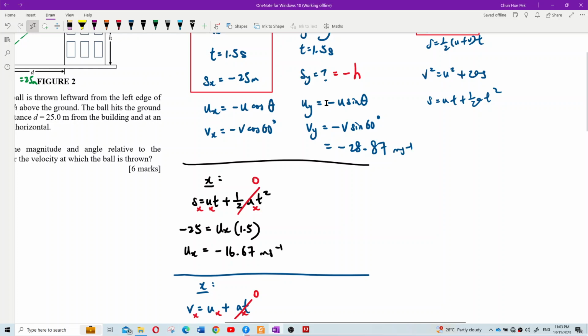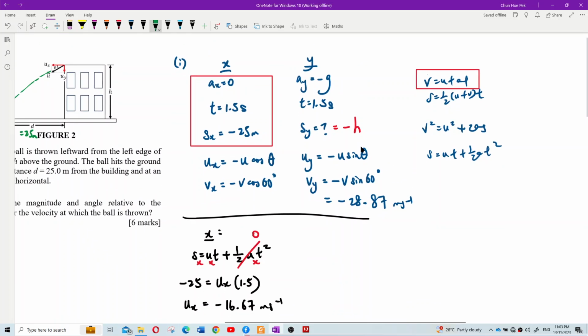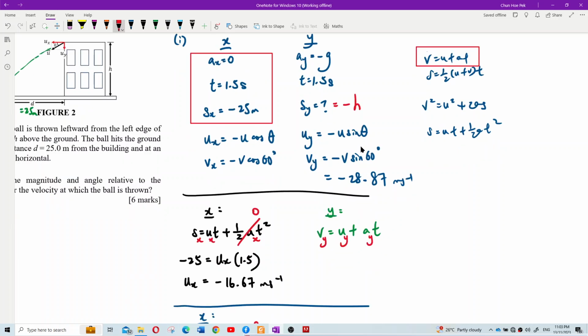So for the y component, I just use v equals u plus at first to find u. This is vy, uy. I need to find u first. My vy just now I got negative 28.87. Okay, uy I don't know.